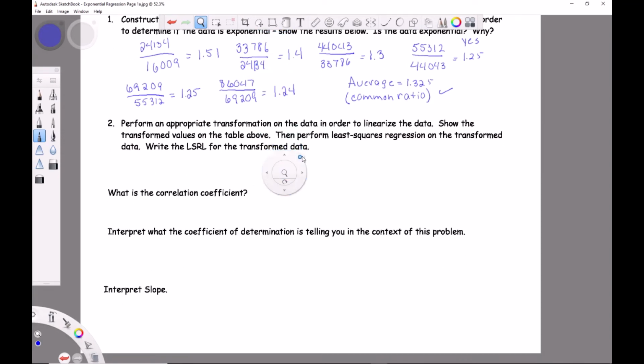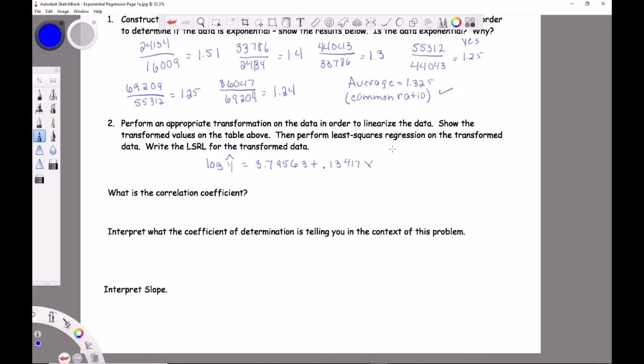All right, show the transform, then perform a least squares regression on the transformed data. Write the LSRL for the transformed data. Now normally we would start with y hat, but we're in transformed values, so it's really log y hat. This is a mistake people make: they leave the log part out. This will be 3.7956, that's your A value, plus 0.13417x, all right?